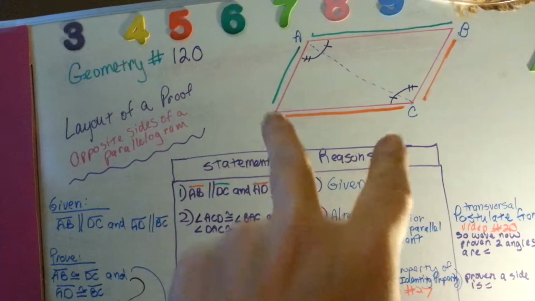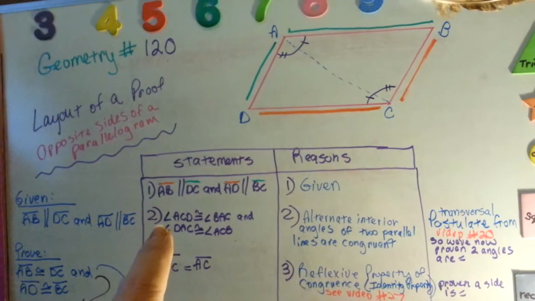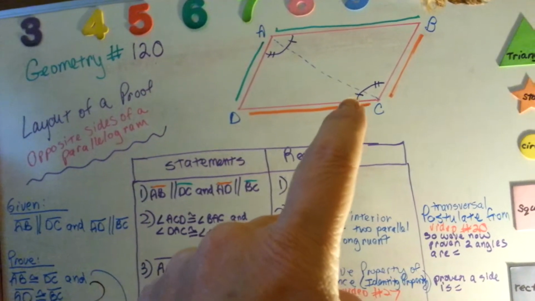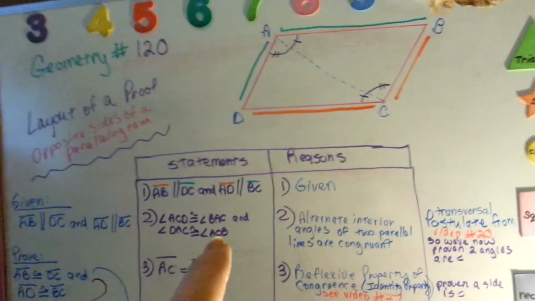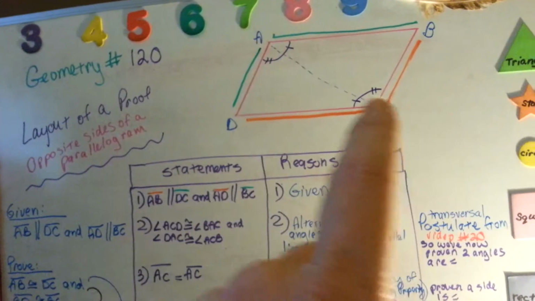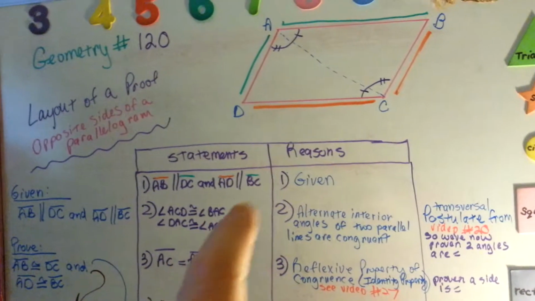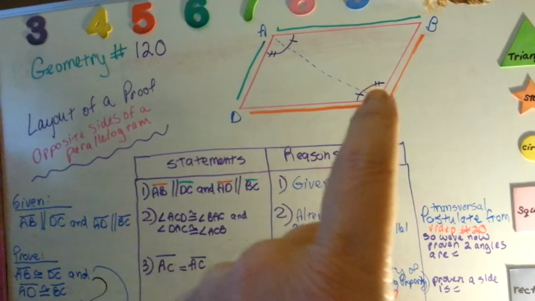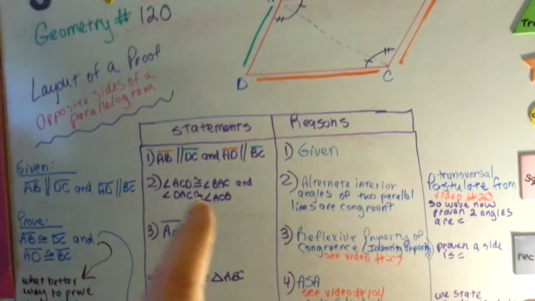And that angle ACD, that's this little one hash mark angle right there, is congruent to BAC. That this is congruent to that. And that DAC, the two hash mark one, is congruent to that one, BCA, okay?